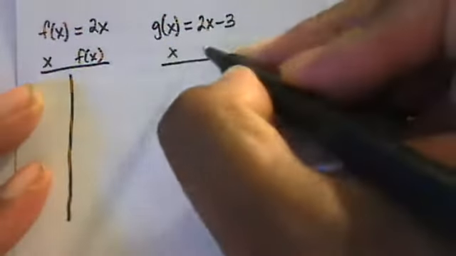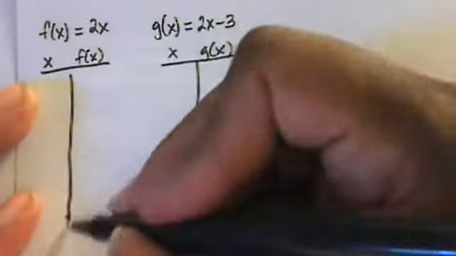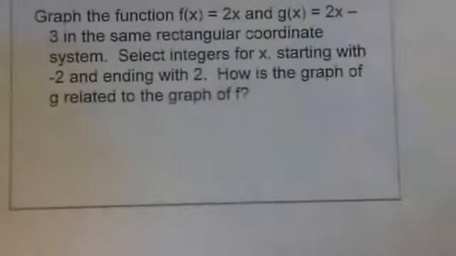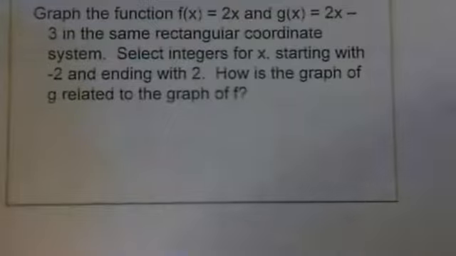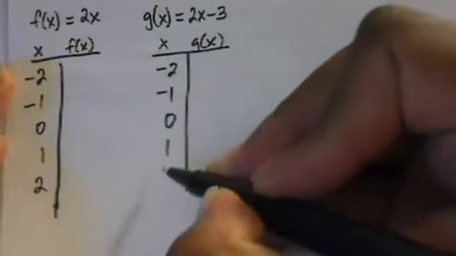This is f of x. And this is for here x and then g of x. And we're starting from negative 2 and ending with 2. So here, negative 2, negative 1, 0, 1, and 2. And we'll do the same thing here for g of x.